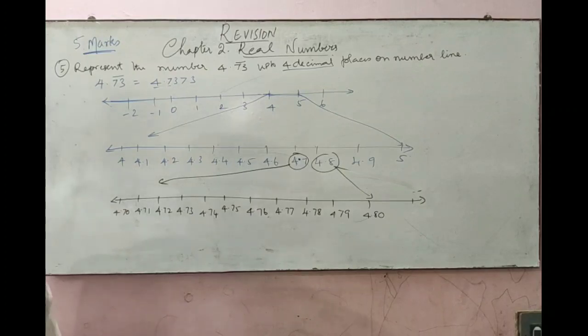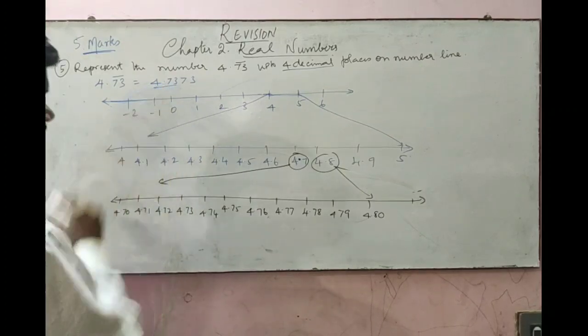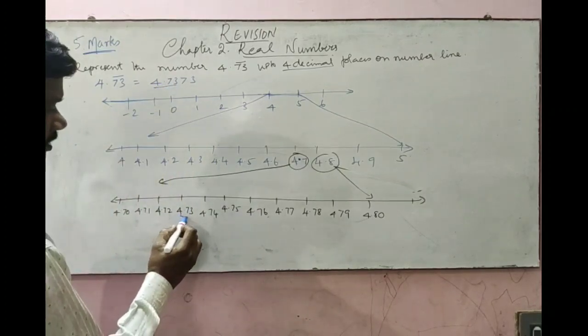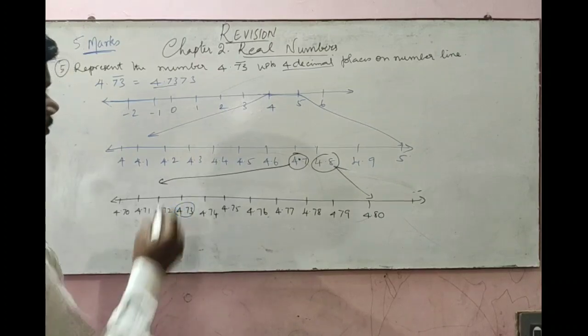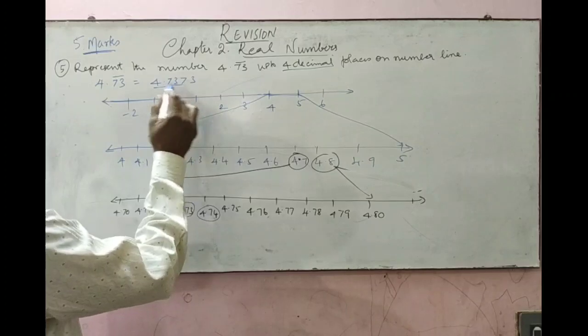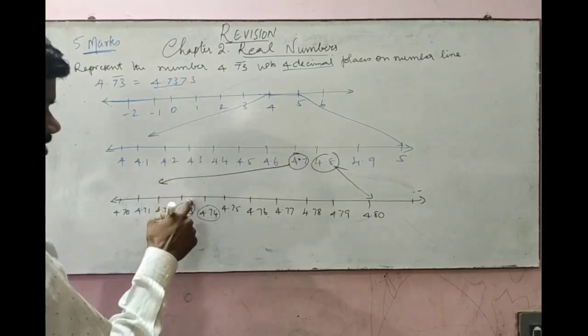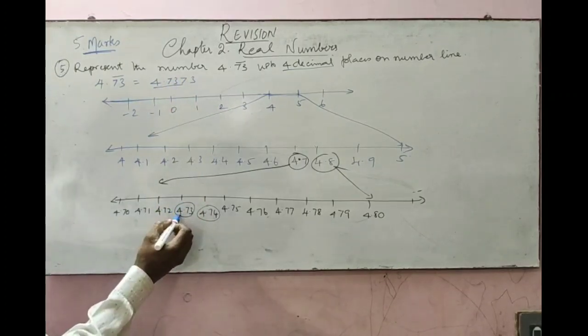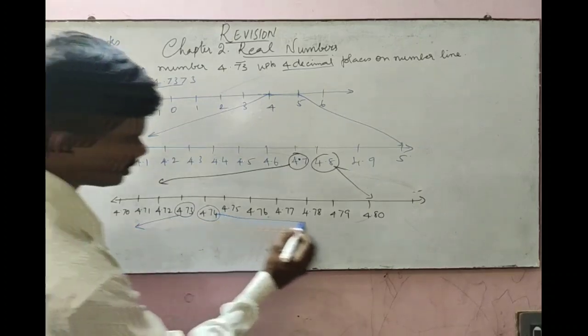Next, look at the number 4.73. Here it is 4.73. The next one is 4.74. Next, 4.737 should lie between these two decimal numbers. Again I am going to expand this.